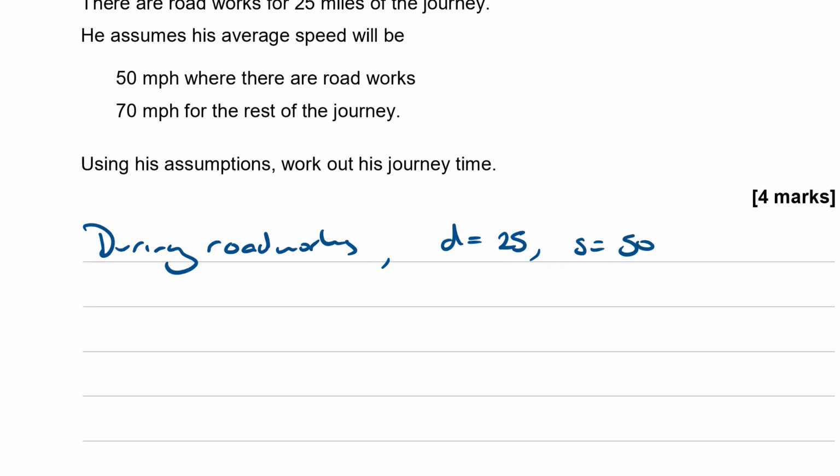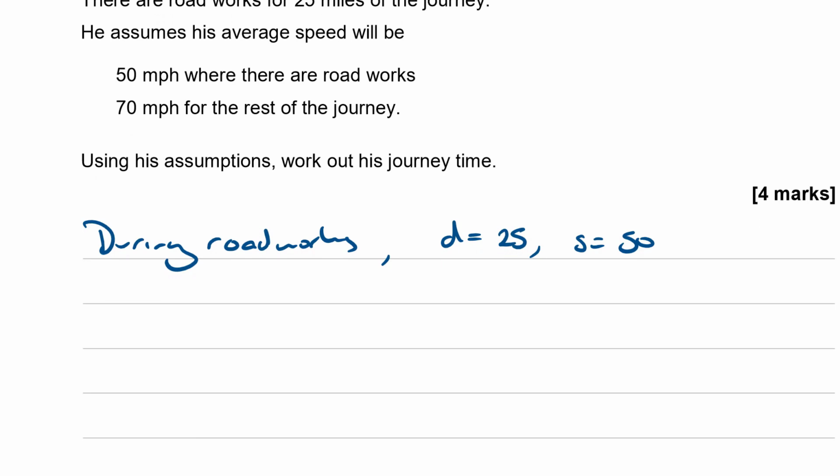Okay, and then we know we've got our little DST triangle for distance, speed and time. So distance is speed times time, and speed is distance divided by time. So time is distance divided by speed.